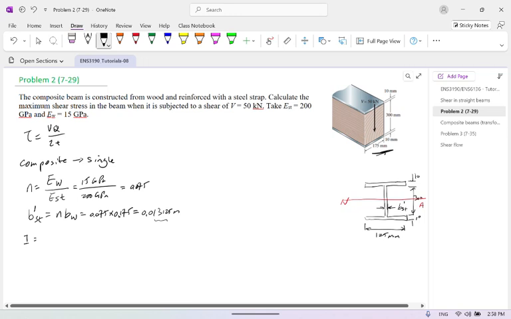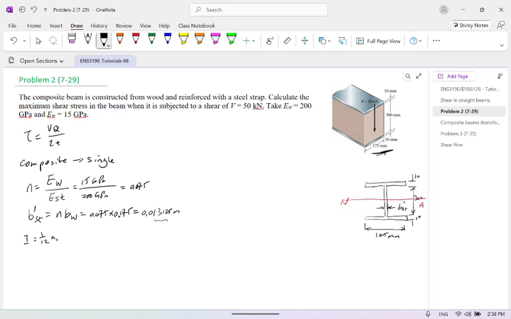This is easy, we have done it many times, so I will not repeat it. I'll just write it down: 1/12 times 0.175 times 0.32 cubed, minus 1/12 times 0.175 minus 0.17125 times H cubed. So I will be 0.113648 times 10 to the negative 3 meter to the power 4.